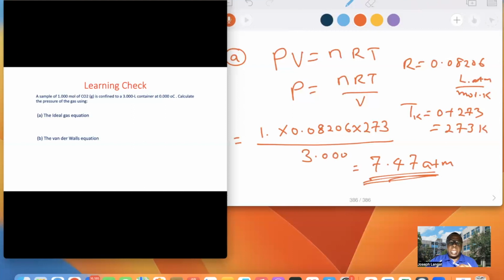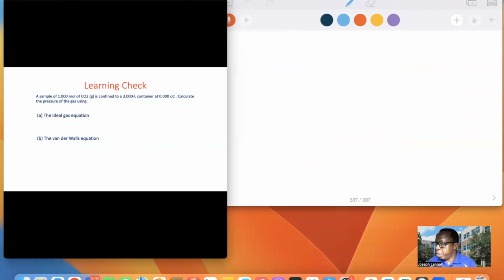Now, part B is use the Van der Waals equation to find the pressure. Problems on Van der Waals will be given the equation.